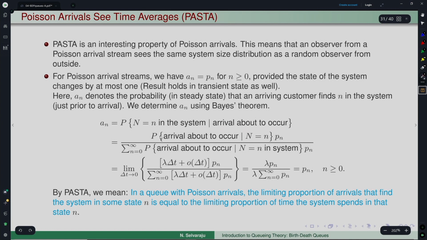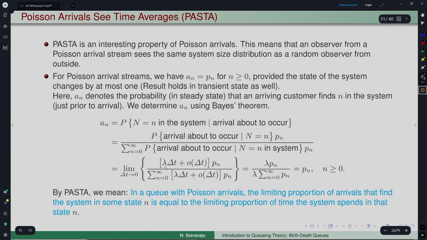So, by the Bayes approach, this is basically the probability of an arrival about to occur given that there are n in the system, multiplied by the probability of n in the system, which is Pn, summed over all these possibilities for different n's, right. Now, we know from our theory that the probability of an arrival about to occur when the system size is n is nothing but lambda times delta t, in a small interval of length delta t.